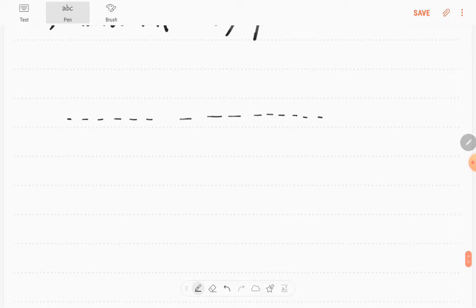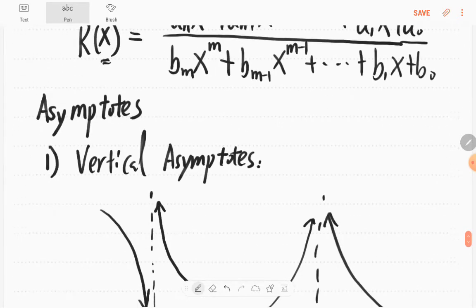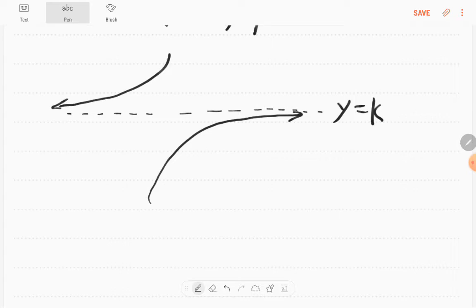That means when x increases without any bound or decreases without any bound, then the curve, the f values, will be very close to this horizontal line, if this horizontal line is given by y equals k.